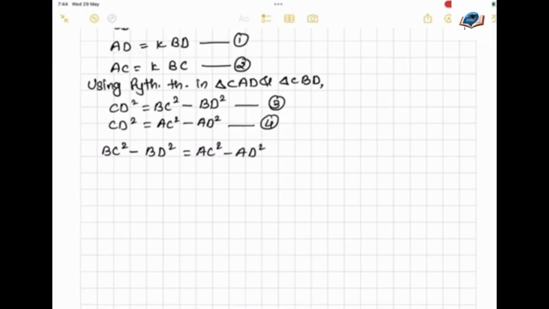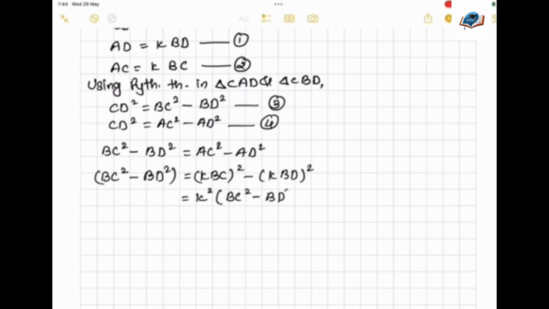LHS of 3 and 4 are equal, so BC square minus BD square equals AC square minus AD square. So in 1 and 2 I have got the values, so let me put BC square minus BD square equal to KBC whole square minus KBD whole square. So that will be K square into BC square minus BD square.